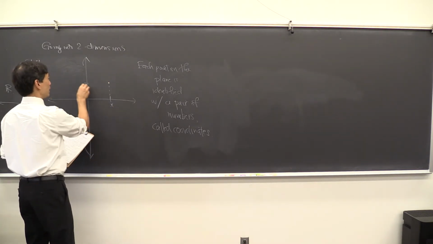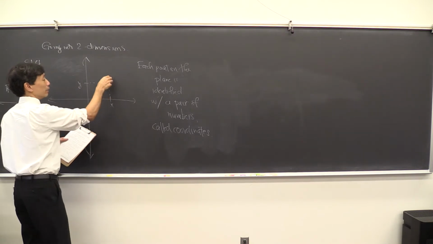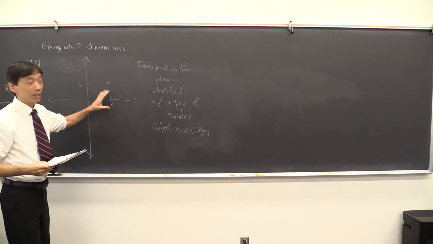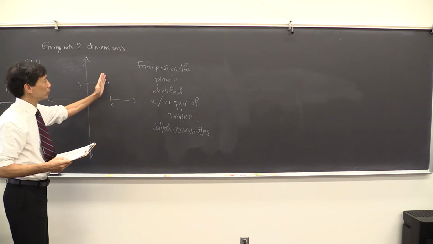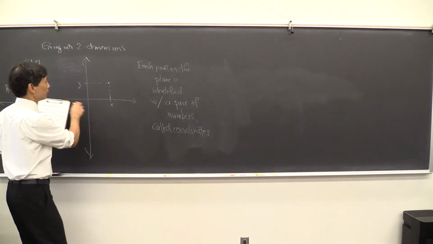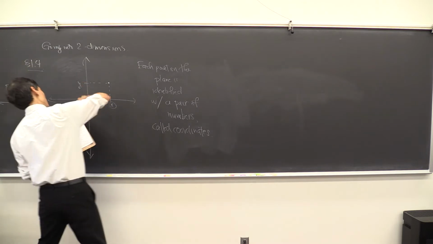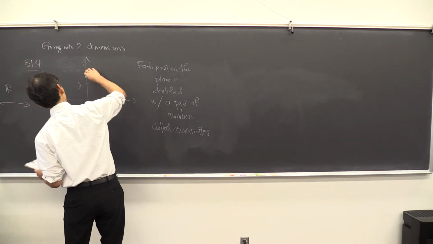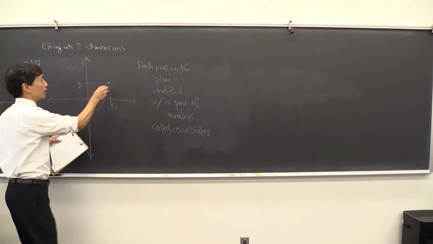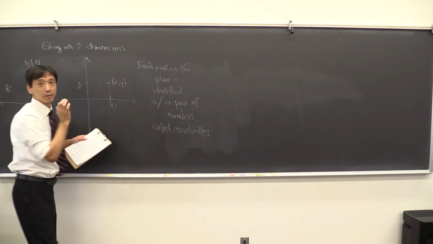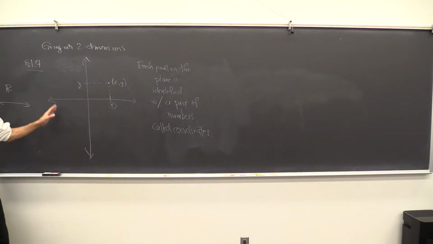There'll be some x here, and then some y here. You drop a line to this axis, this number line, and you say what number is that? And you drop a line to this sideways number line, and you say what number is that? And then you call this point x comma y.